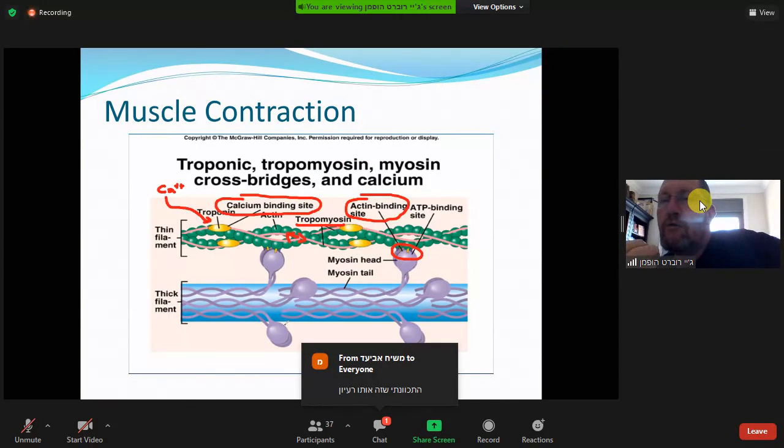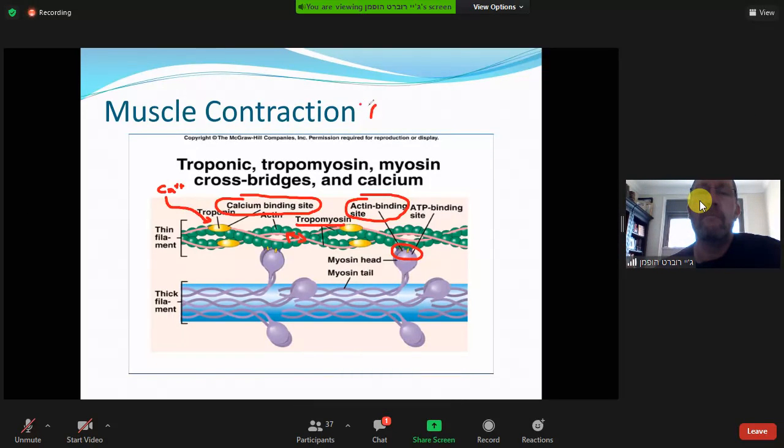What creates the dissociation? This is an important word. The disassociation from the actin to myosin, so you continue the contraction.